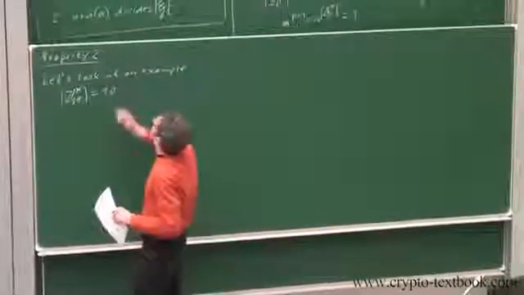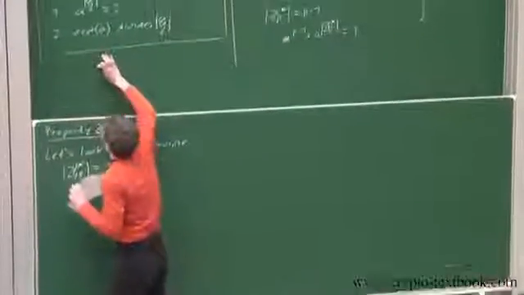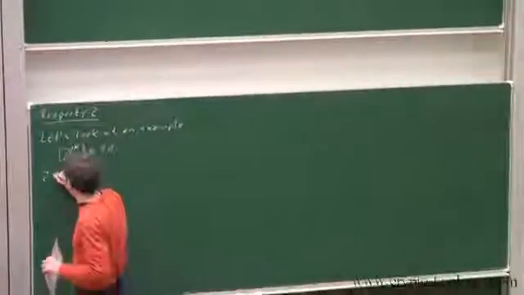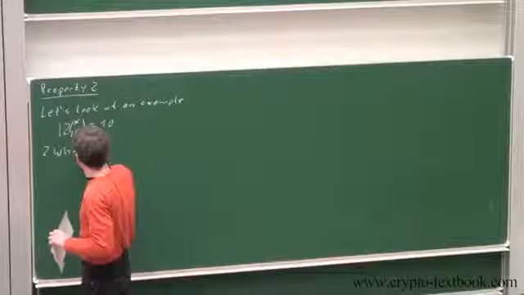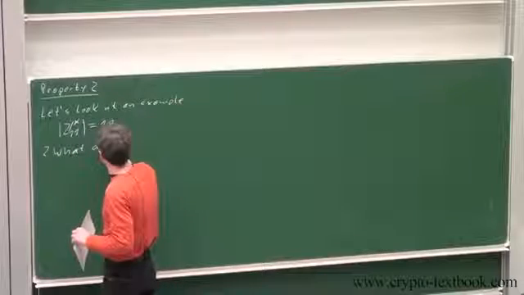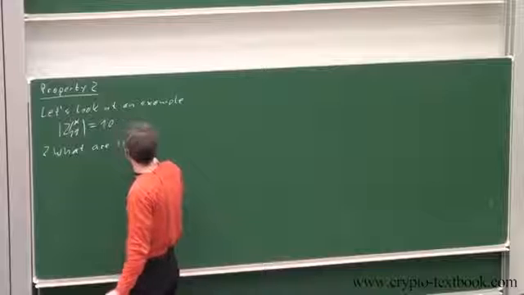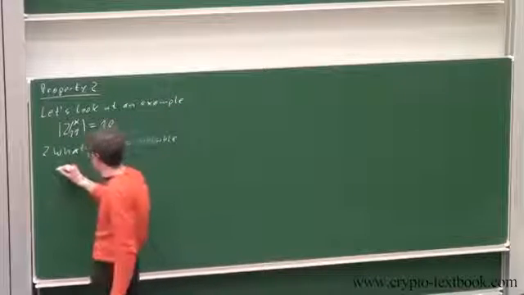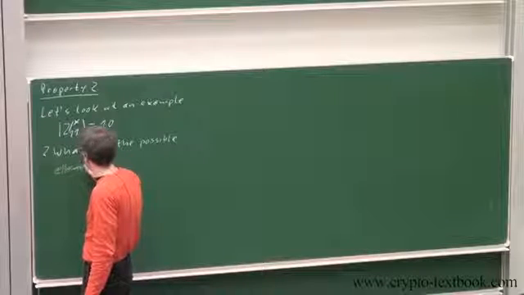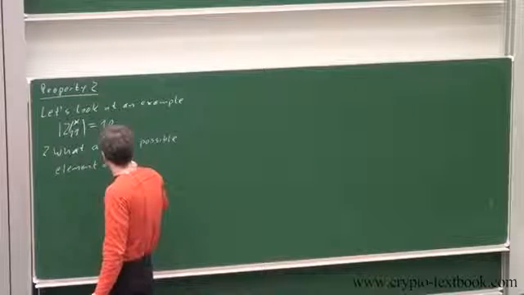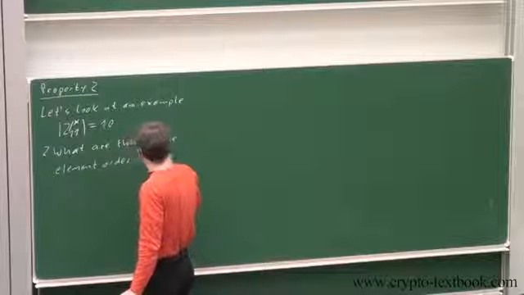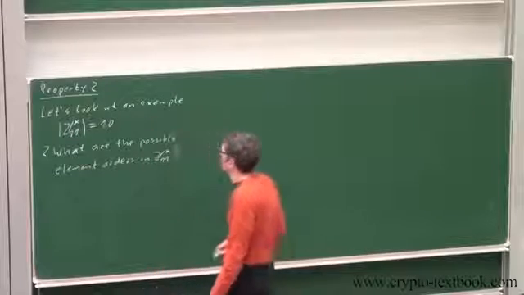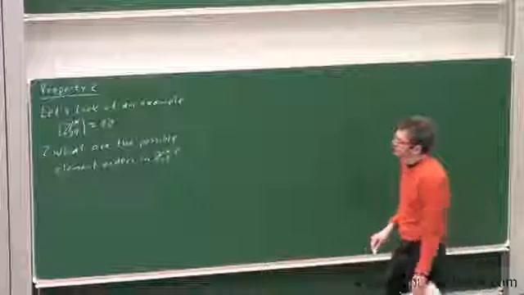And now my question is, based on this theorem: what are the possible element orders in Z11 star?